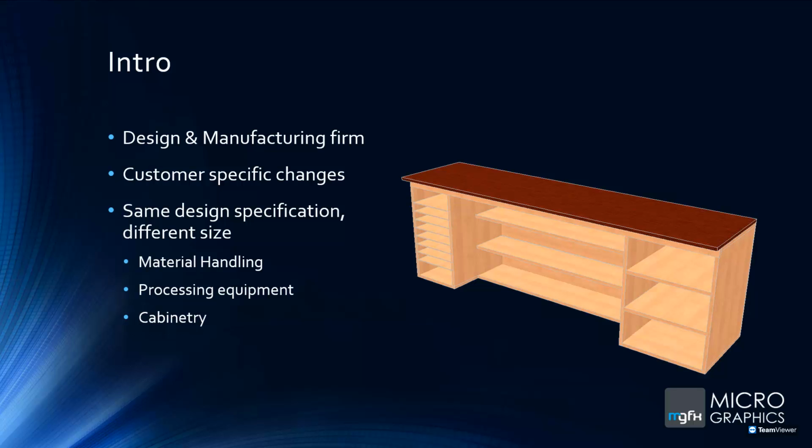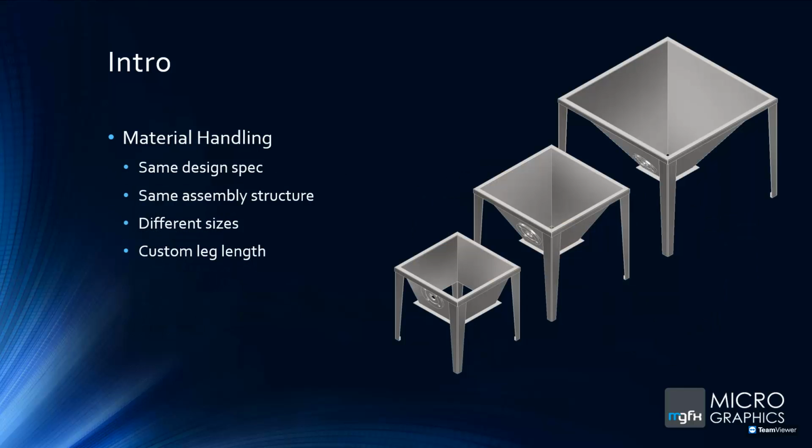So to dig in a little bit deeper into each of these examples, if we look at material handling, whether it's a conveyor belt or a hopper, the overall design philosophy can stay the same. The same design spec. If you look at these 3 hoppers, they're basically constructed and assembled in the same way.